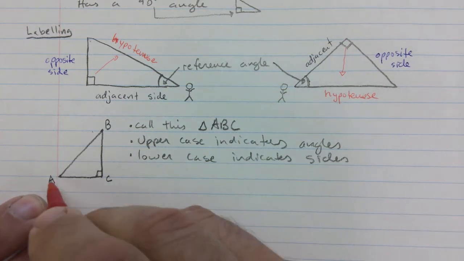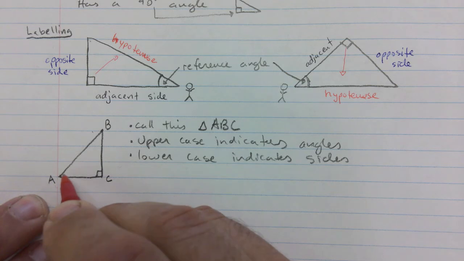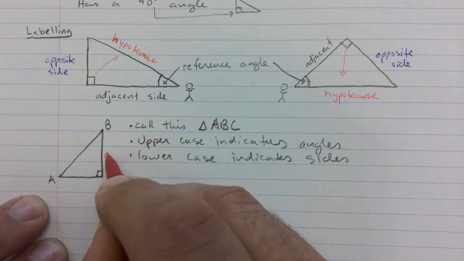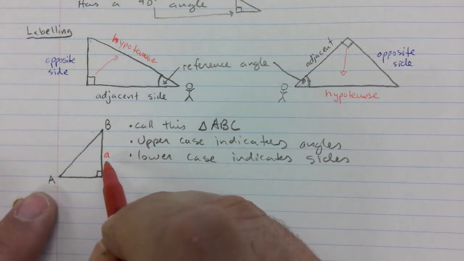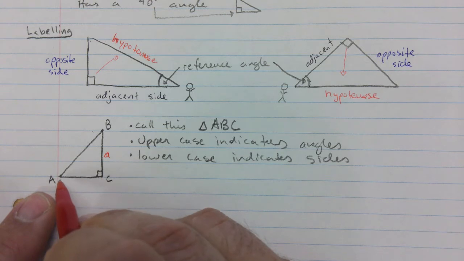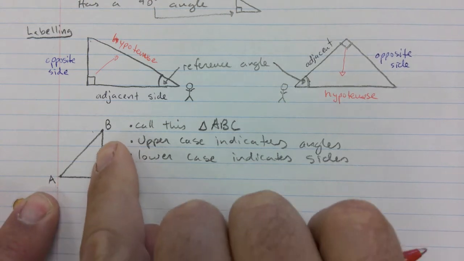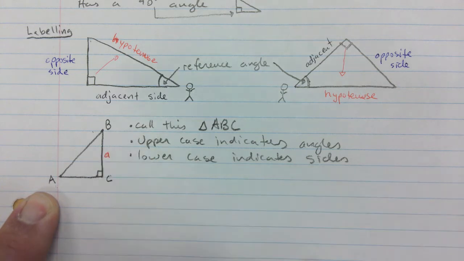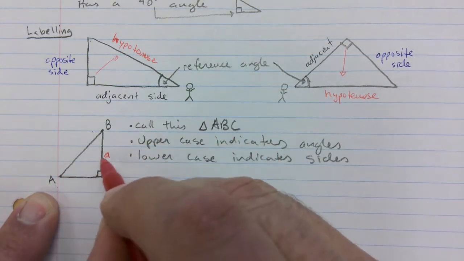I'm going to use a different color. So if this is A, capital, so we're talking about this angle here, across from that angle, this side would be called lowercase a. So when I say find lowercase a, or find side A, let's say this wouldn't be labeled yet, you just have the angles labeled. Find side A, you should know that it's the one across the angle.